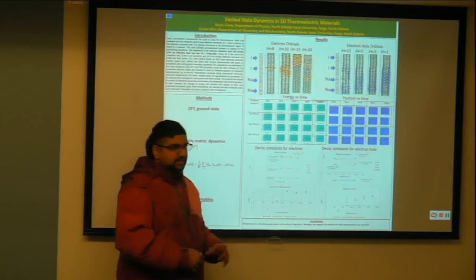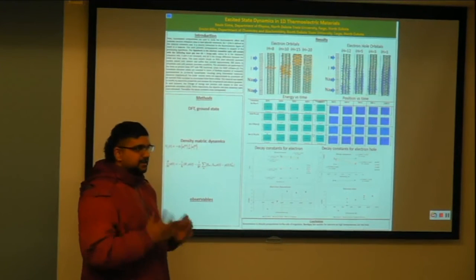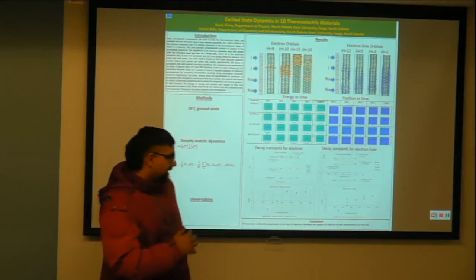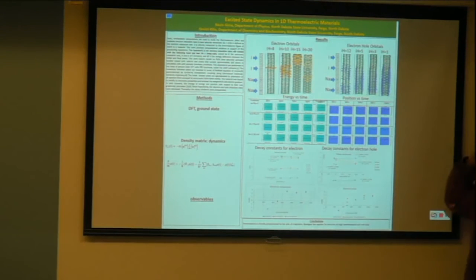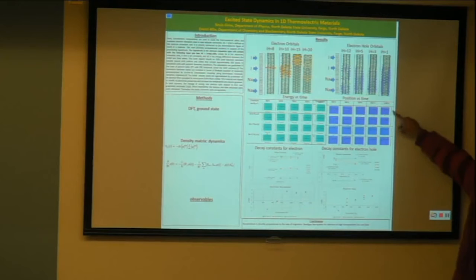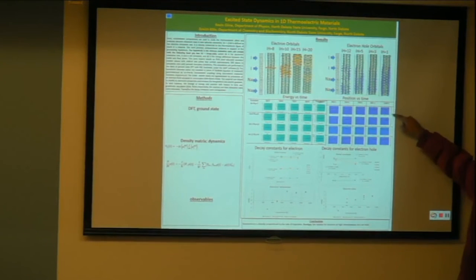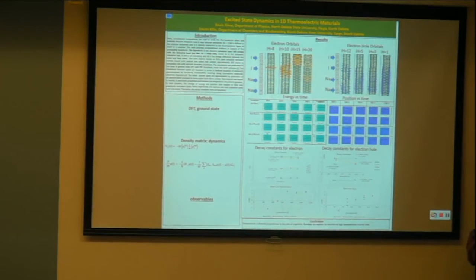And from these, I computed the electron relaxation rates and the electron hole relaxation rates. And then these blue graphs right here are the position versus time. So here I have my diagram of my lead telluride nanowire. Right here, you have some iodine dopings in the top section, and then some sodium dopings in the bottom section right there.